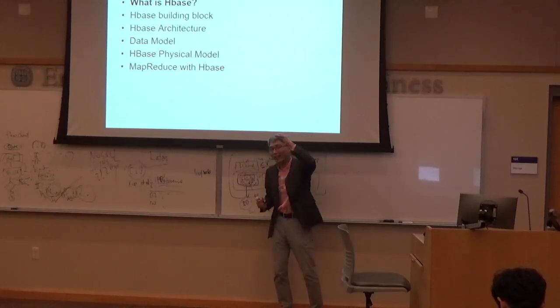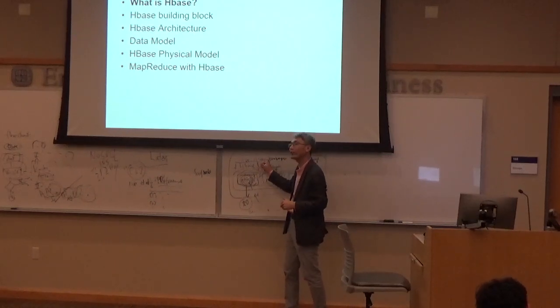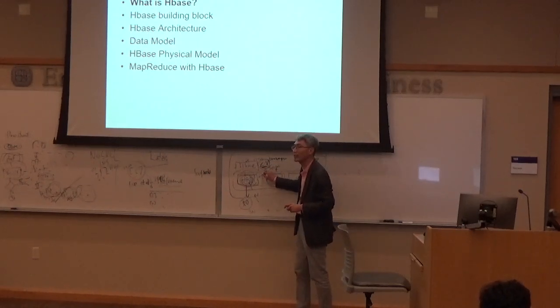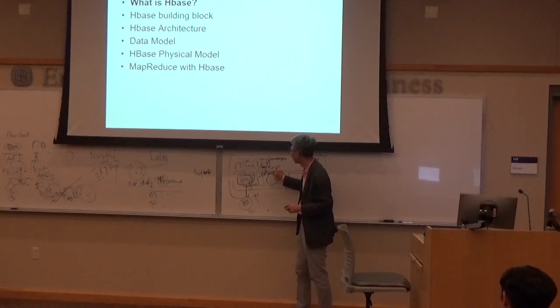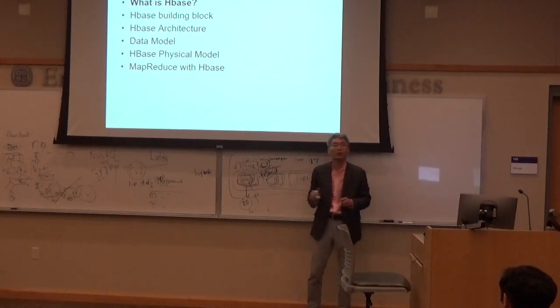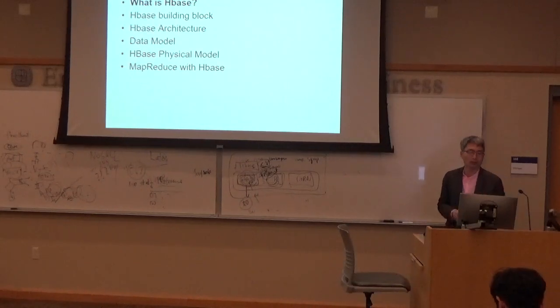Not fully ACID level consistency, but it's supported. So, for key value data, it also supports a document database that is column based. So nowadays we are using HBase for the column based database. We will see such a data model today.